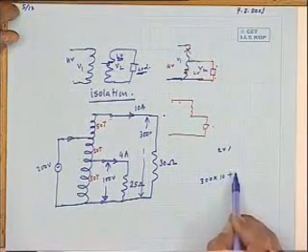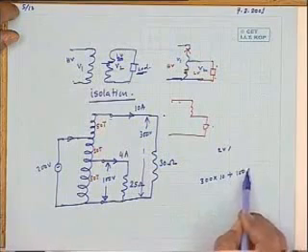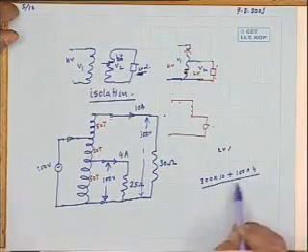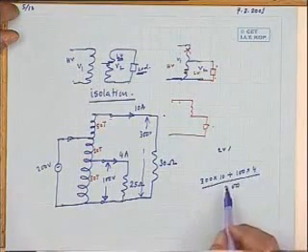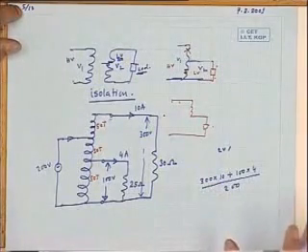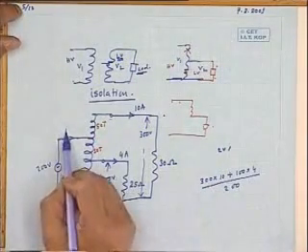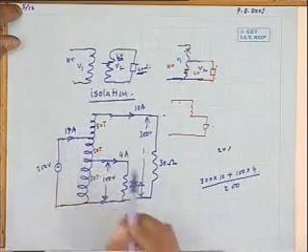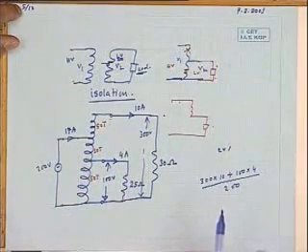What is the output power? 300 into 10 plus 100 into 4, divided by 200. So, how much does it come? Correctly you tell, whatever you tell I will write. I am not going to calculate. 17 ampere, okay, 17.